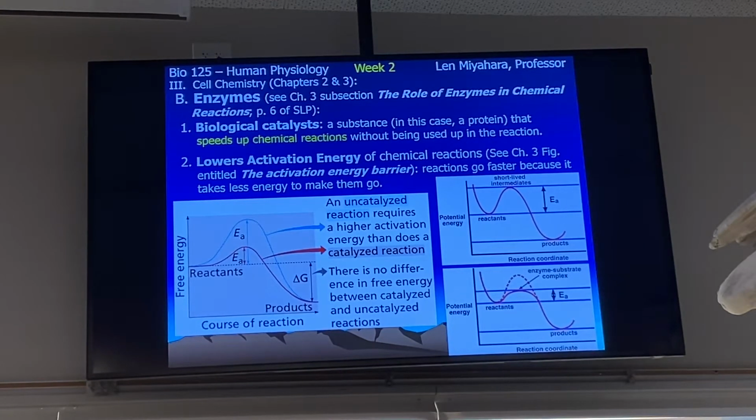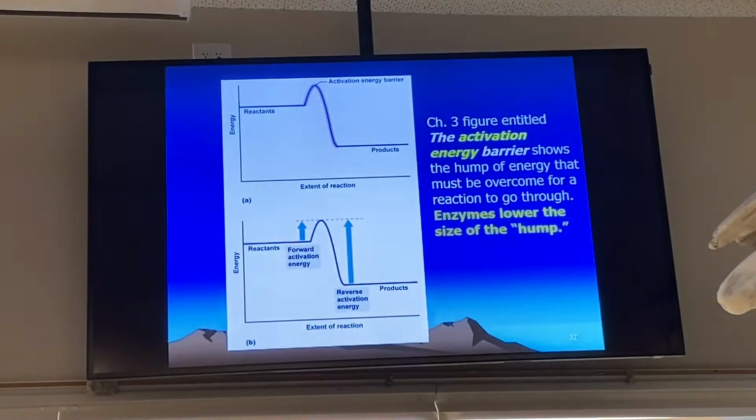So if the energy is equal, and this is one of the reasons why, that's just part of it, it's important that our bodies are at 37 degrees centigrade, so that temperature has energy in it. If you have the same 37 degrees centigrade, you have the same energy. Now if you shrink the hill, it's going to go faster. Got it. Okay? It lowers the size of the hump.